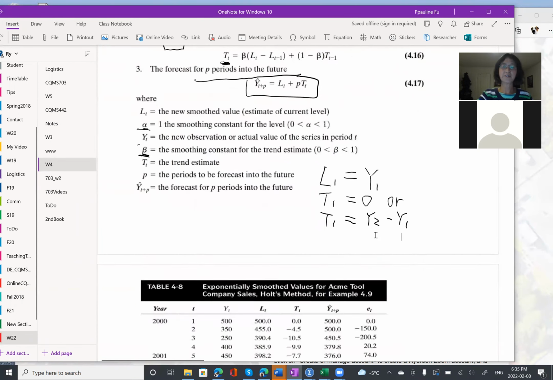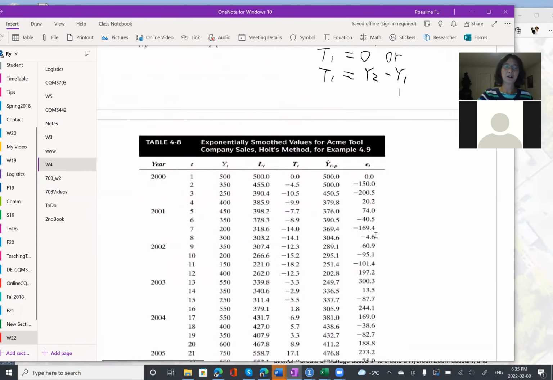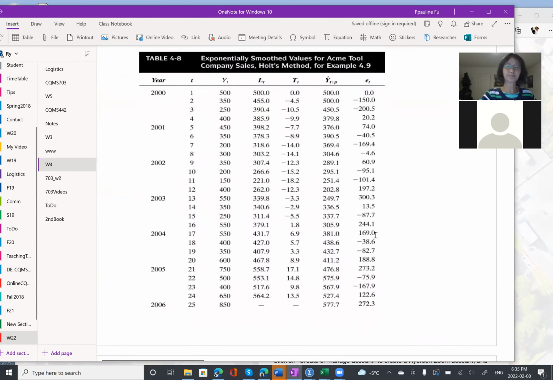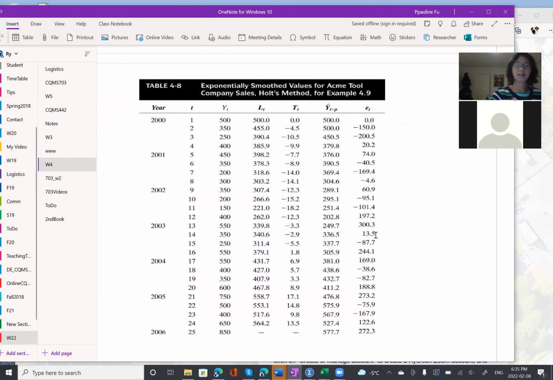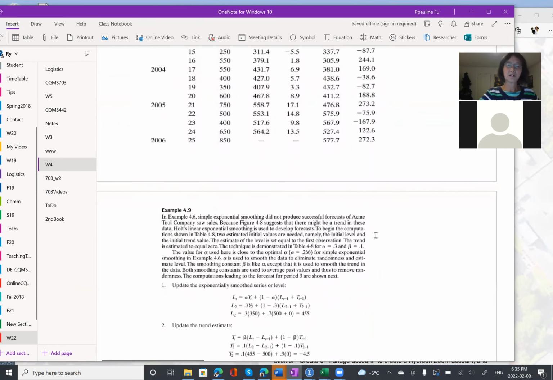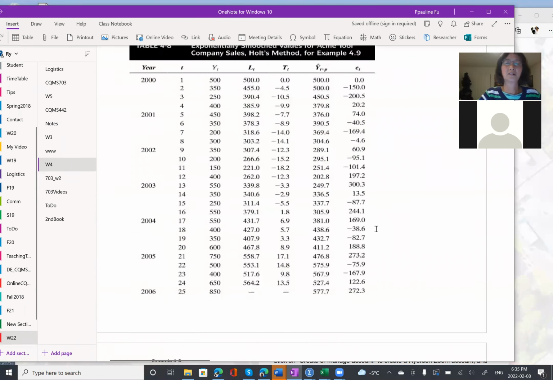Okay. So next, we are going to use an example. This example is in the textbook, example 4.9.